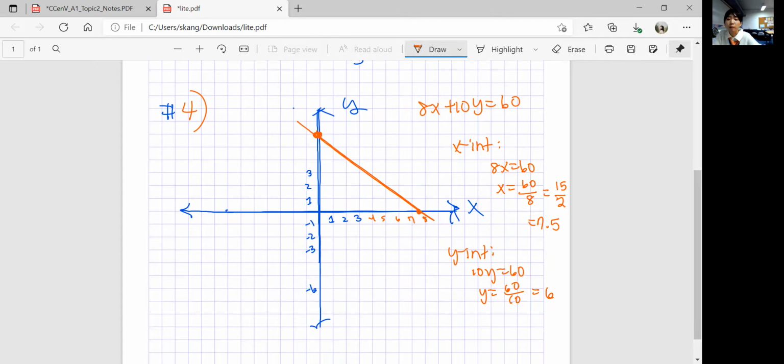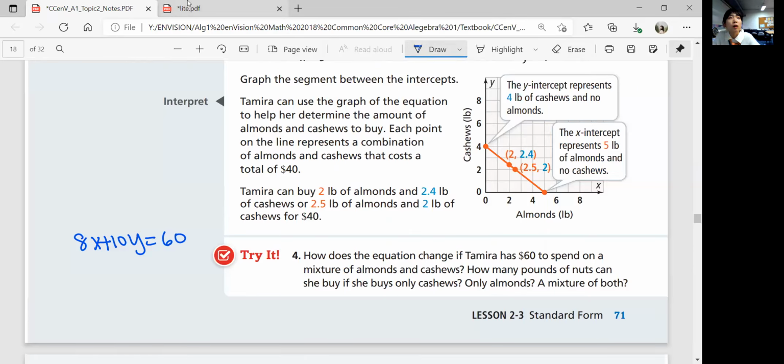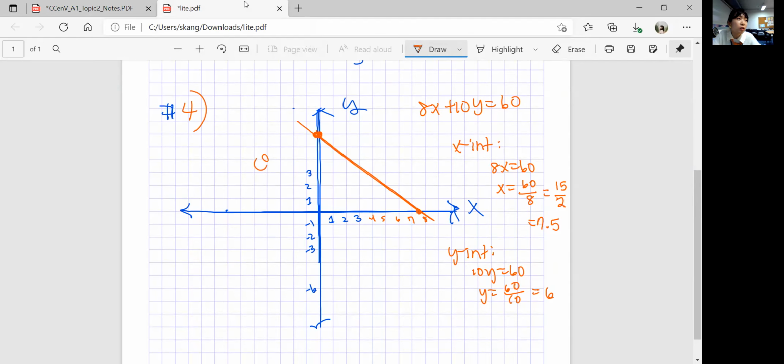Okay, there we go. And so what are some points where you can buy no cashews? Remember which represented which? Y values represent the cashews. And the X values represent the almonds in pounds.